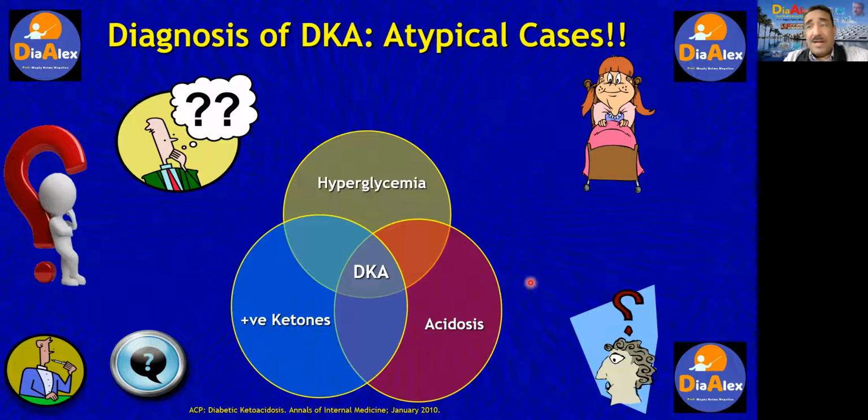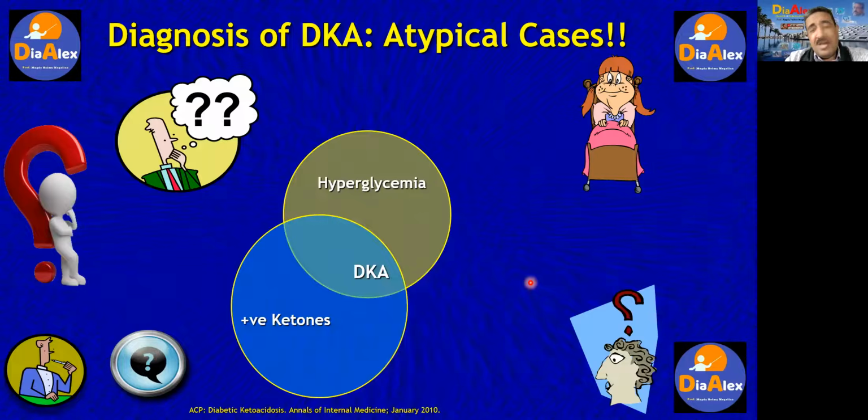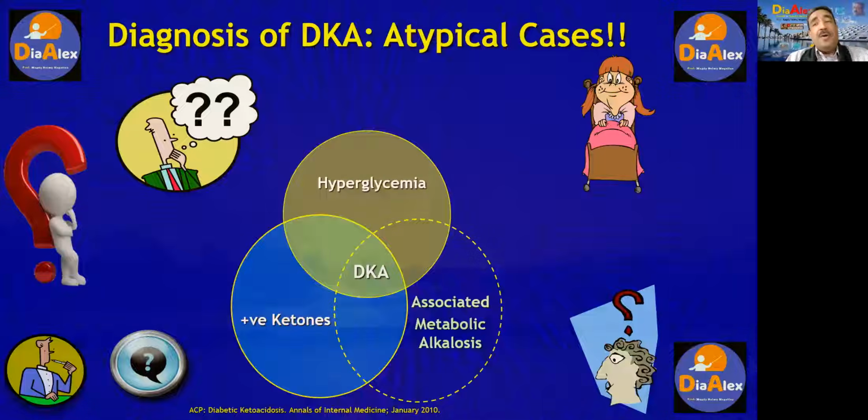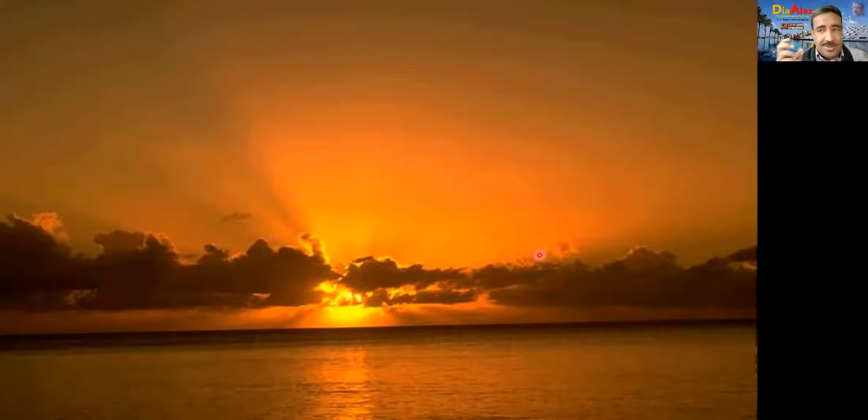It's not common, but it happens: DKA can present without evidence of metabolic acidosis if there is associated metabolic alkalosis. Well, these are the exceptions.